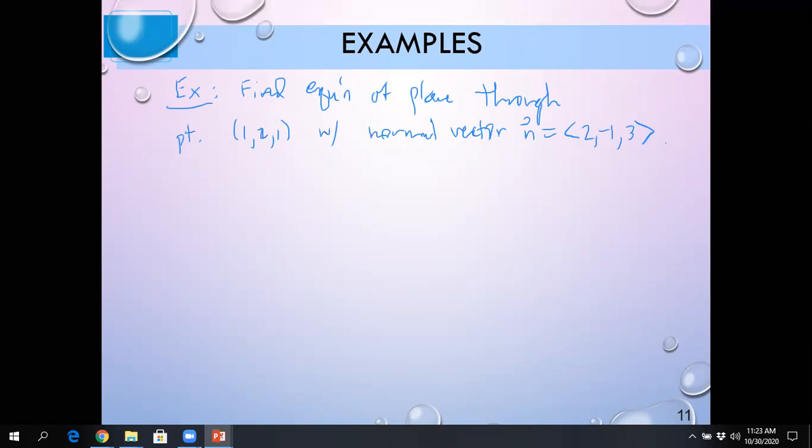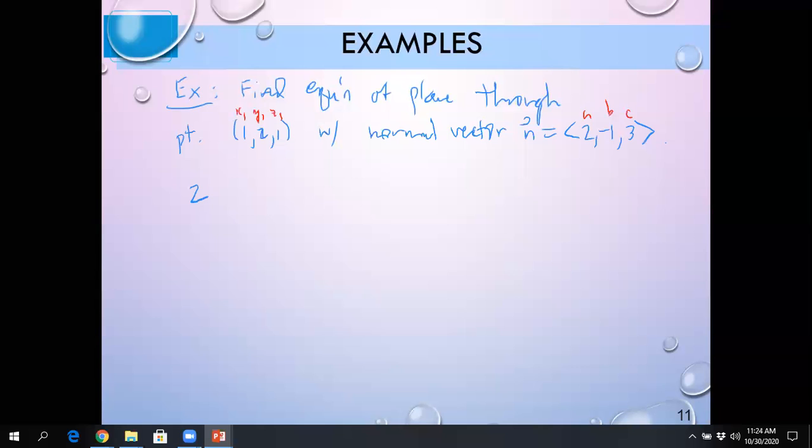What you do is, remember, it was a times x minus x1 plus b times y minus y1 plus c times the quantity z minus z1 equals 0. Yeah? This is going to be easy. You go a, which is 2, right? Because this is, after all, a, b, and c. Okay, and this is x1, y1, and z1 right here.